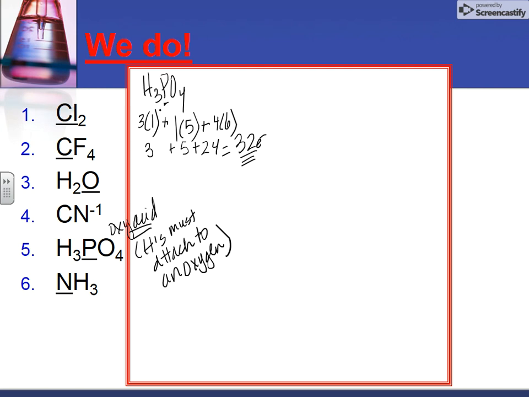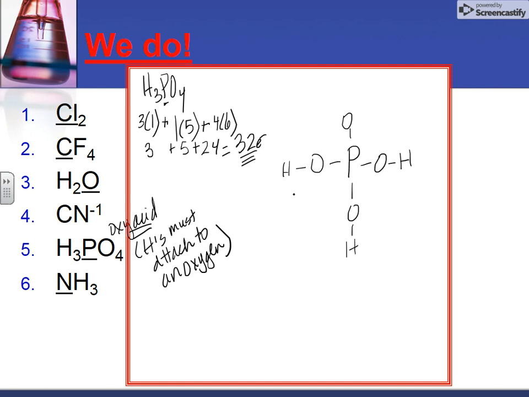Now, the phosphorus is your central atom, so draw it first. And you're going to attach the 4 oxygens to it, 1 on each of the 4 sides. Oxygen, oxygen, oxygen, oxygen. We have used 2, 4, 6, 8 electrons so far. But don't forget you have 3 hydrogens to attach. So distribute the hydrogens, 1 to each oxygen available, until you run out of hydrogens.